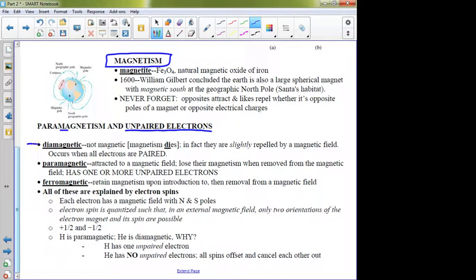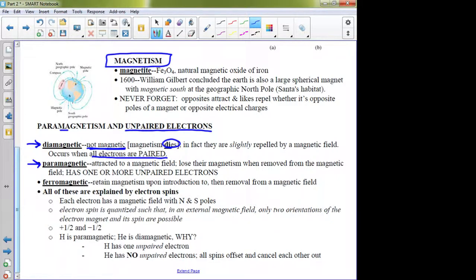So there can be two types of magnetism in a molecule, diamagnetic and paramagnetic. With diamagnetic, that molecule is no longer magnetic. So think of it as diamagnetic, magnetism died. Why did the magnetism die? Because all of the electrons are paired.